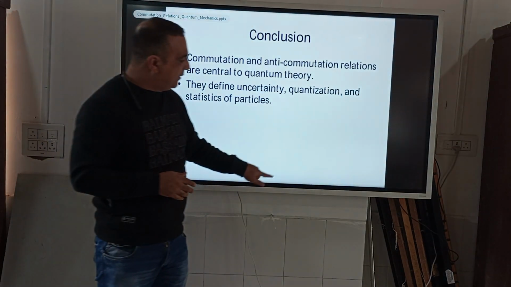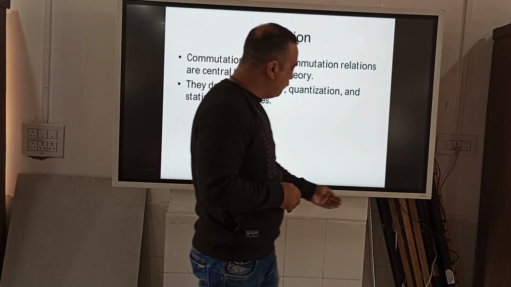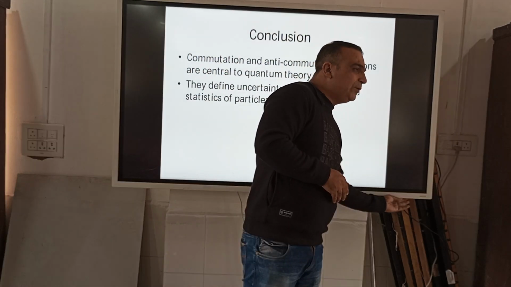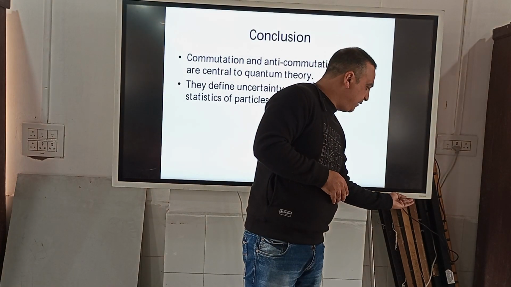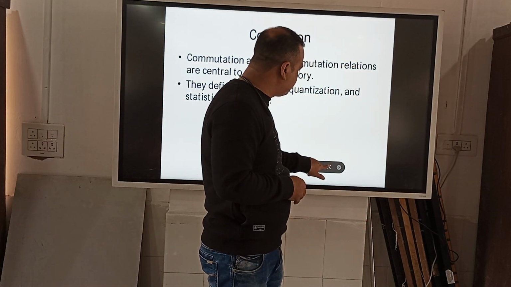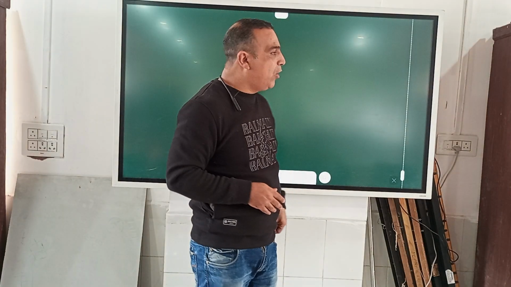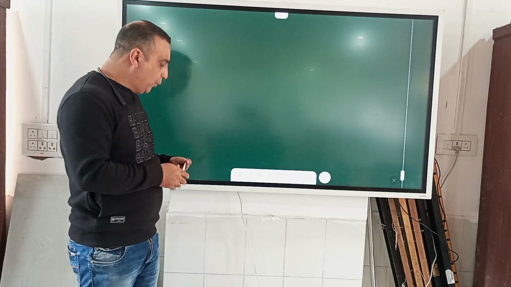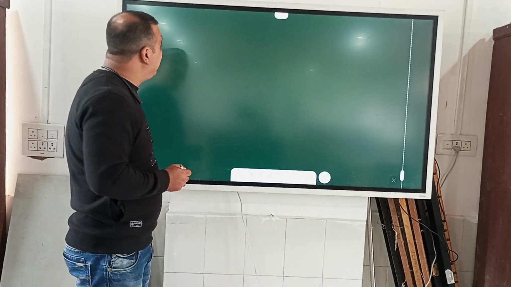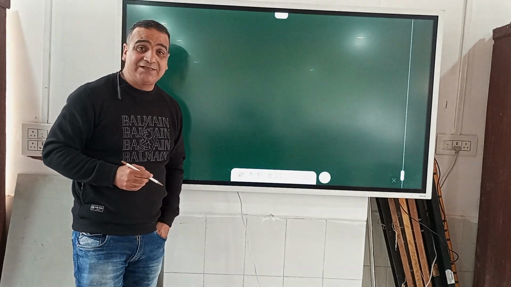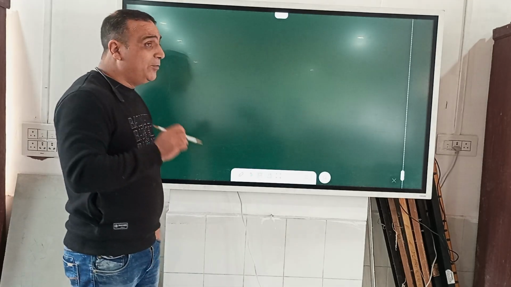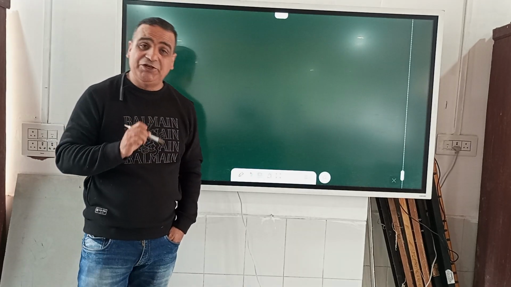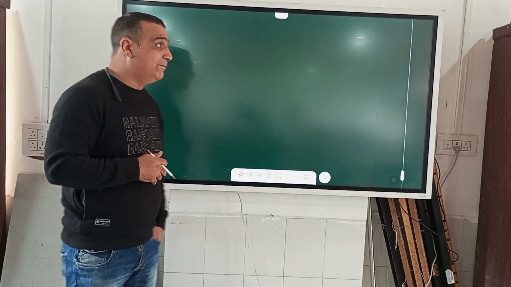Now let's go to these two important properties of Pauli spin matrices. We have already talked about some other important properties of the Pauli spin matrices, but now we will lead our discussion to the commutation and anti-commutation of the Pauli spin matrices.